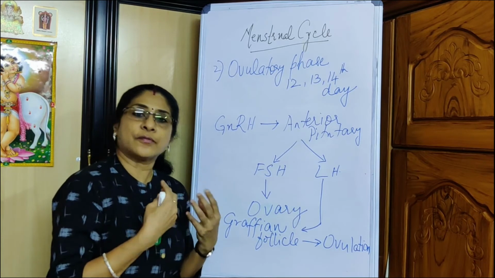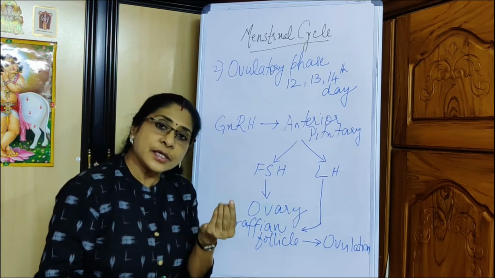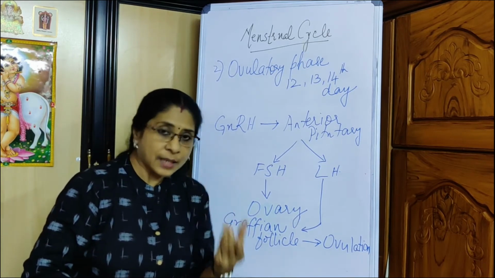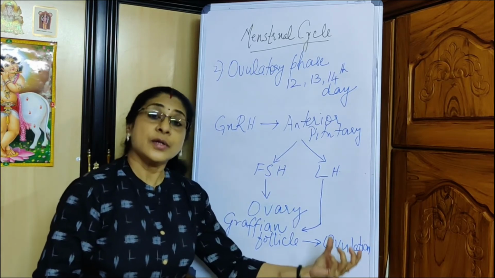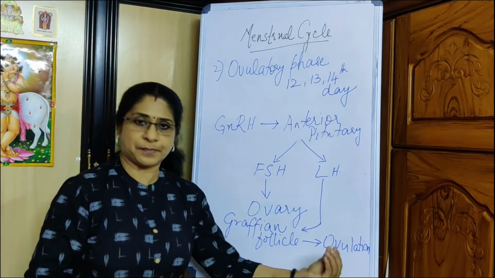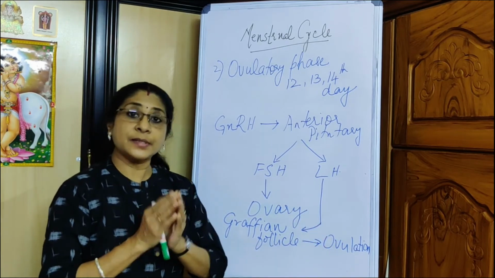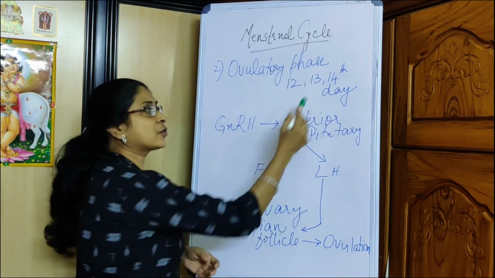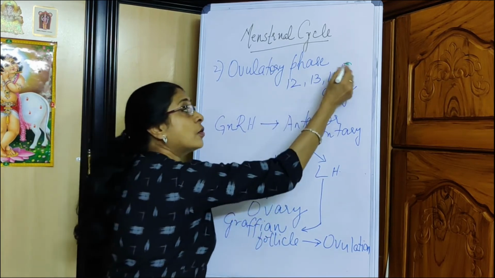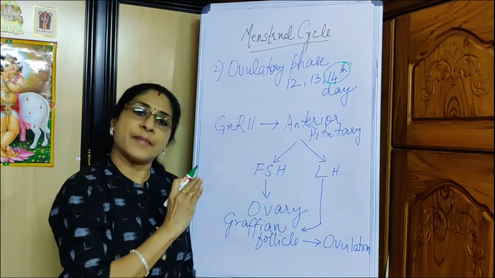And in the process of rupturing, the secondary oocyte is liberated out. That process is known as ovulation. So, theoretically speaking, ovulation happens midway of the menstrual cycle. Midway of the menstrual cycle is actually the 14th day.